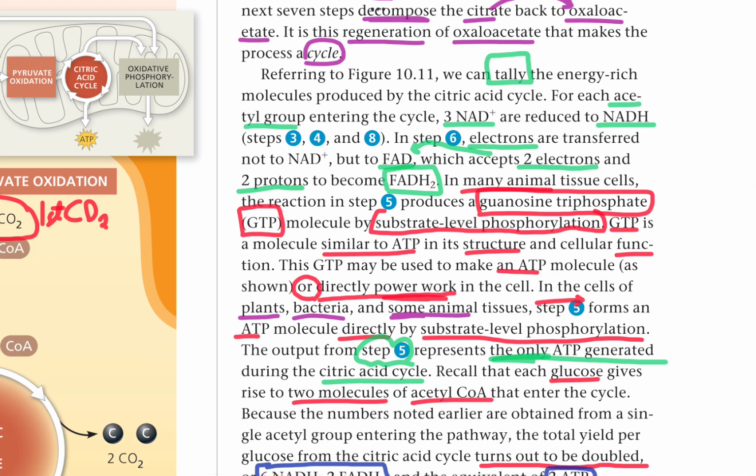Done. The tally in general. Now remember that we have two pyruvates from glycolysis. Both will be oxidized.